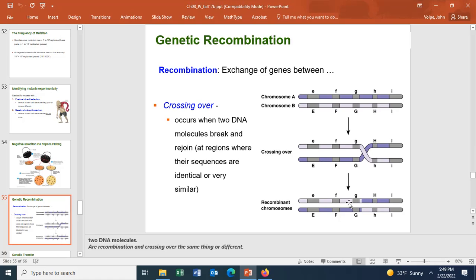And when you shuffle the DNA in the population, you can have new combinations of genes, like the lowercase g is now with the uppercase H. And previously that wasn't the case. For example, in Northern Europe, a case of recombination was the blue-eyed allele was on the same chromosome as the gene for blonde hair.